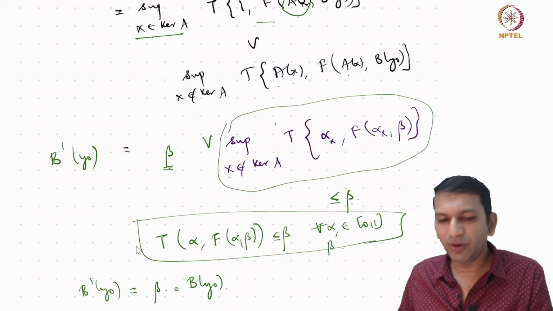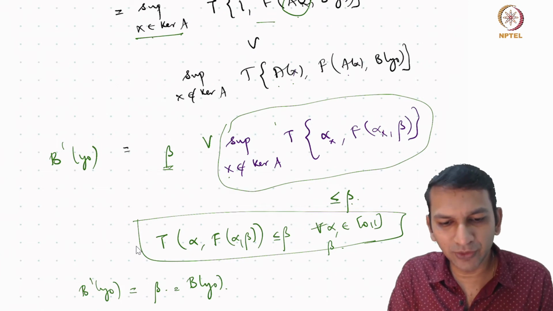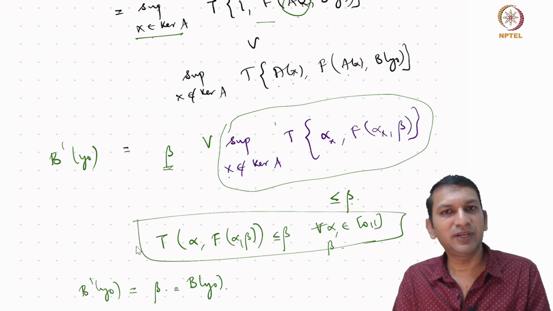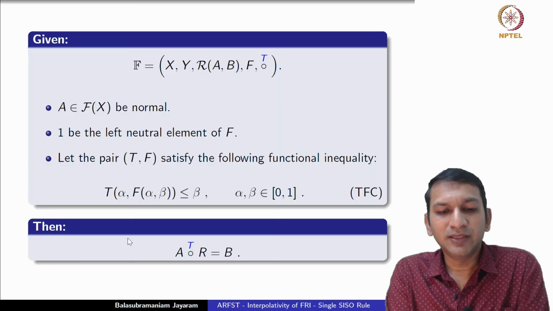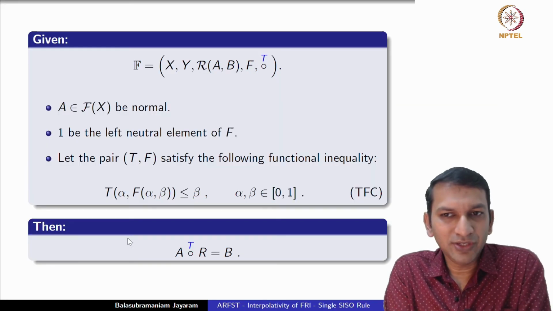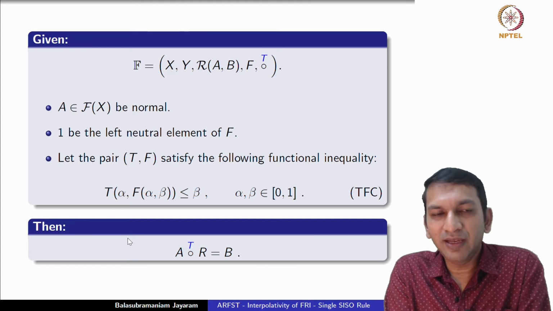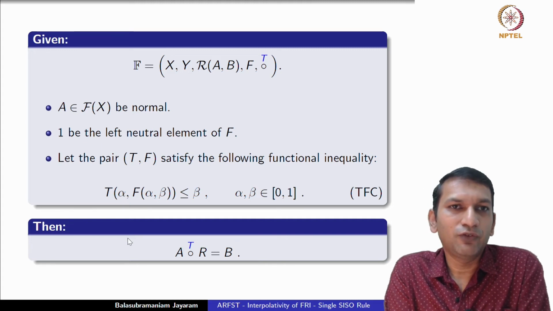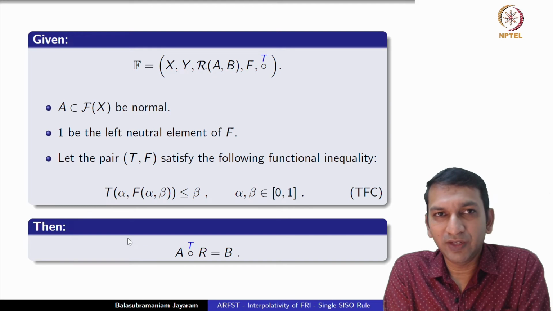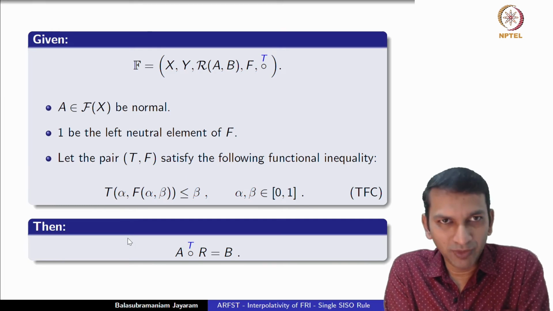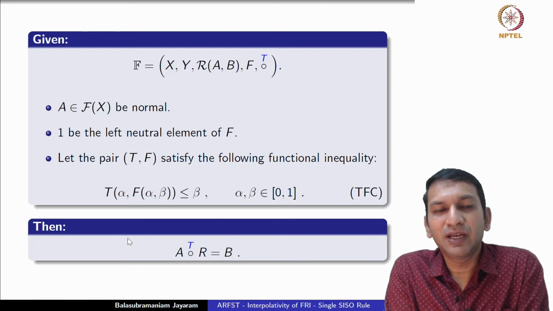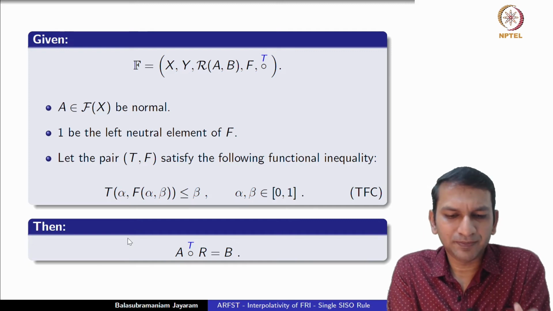Note that y naught was originally an arbitrary point that we took, which means b dash is in fact equal to b. So now this is the condition that we need on the underlying operations T and f for CRI to be interpolative, given that the antecedent A is a normal fuzzy set and f has 1 as the left neutral element.